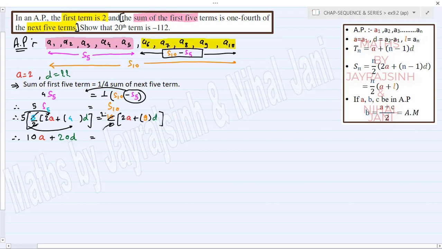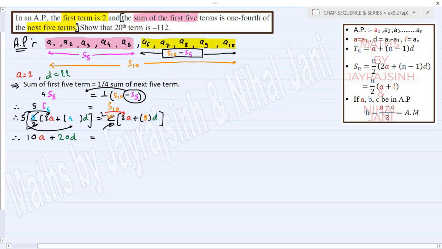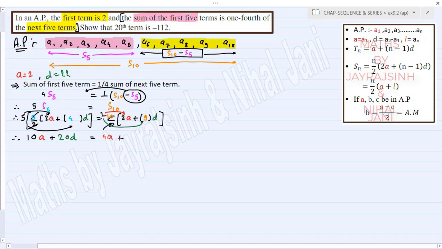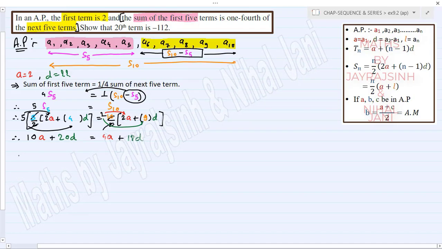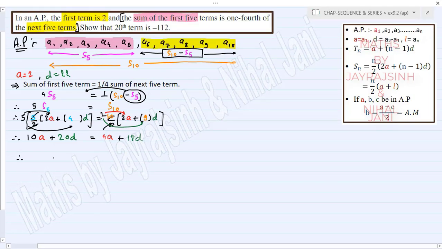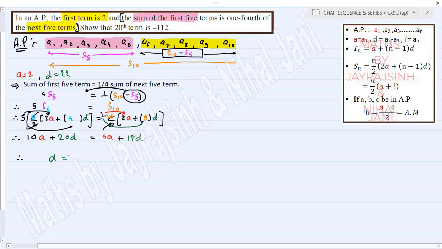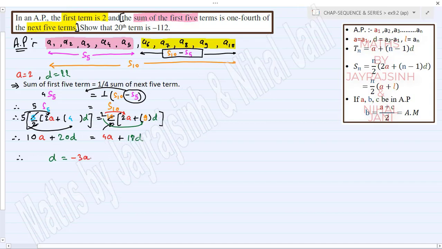And on the right hand side, 2 into 2a will be 4a, and 2 into 9d will be 18d, which will give us d is equal to minus 3a.